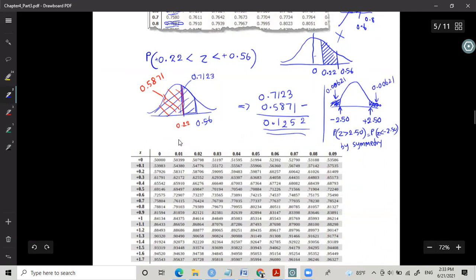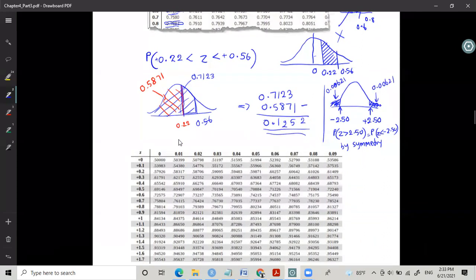So if you want these two probabilities, you can add them together very easily because of the symmetry of the distribution. That is something that is useful to you when you do calculations. Now you know how to read the table, the left tails, right tails, in betweens and everything.